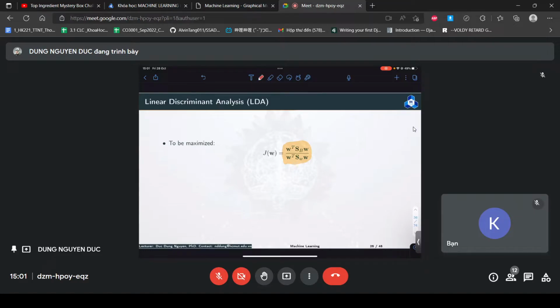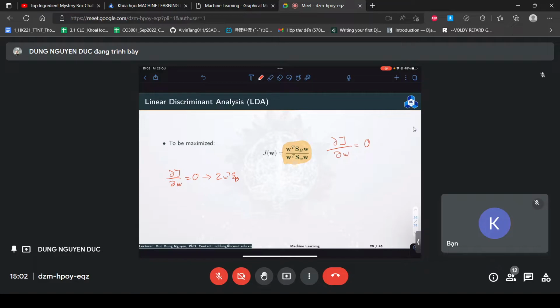And if you take the derivative of J with respect to W, you know how to calculate W. Setting the derivative of J with respect to W equal to 0 gives you 2 W^T S_B W, is that correct?